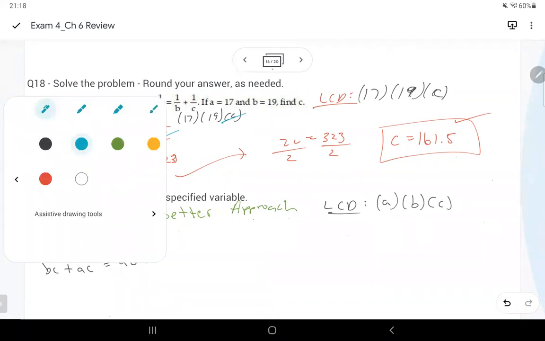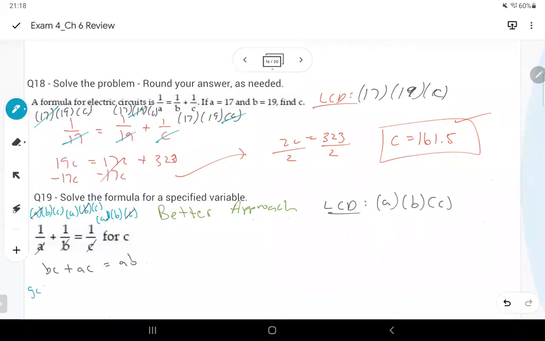You end up seeing that we have a GCF equal to C on this side. So then we pull out the GCF. And then we're going to divide both sides by the binomial. So we get C equal to AB over B plus A.